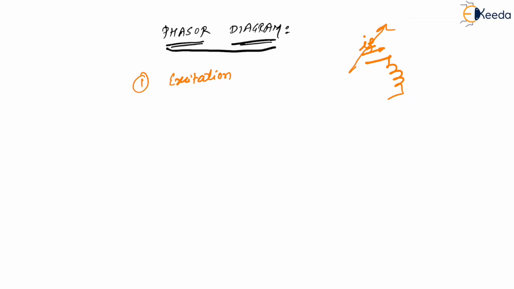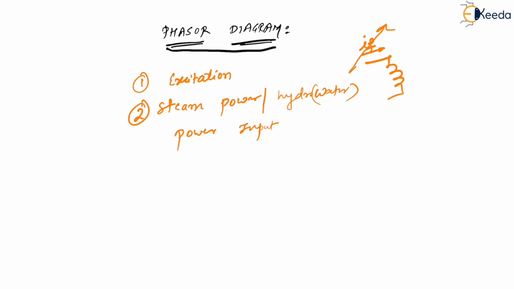Next thing is steam power input or water power input. For example, if you think of hydro, then it means water power input. Is the power input variable or not? Yes, it is also variable.